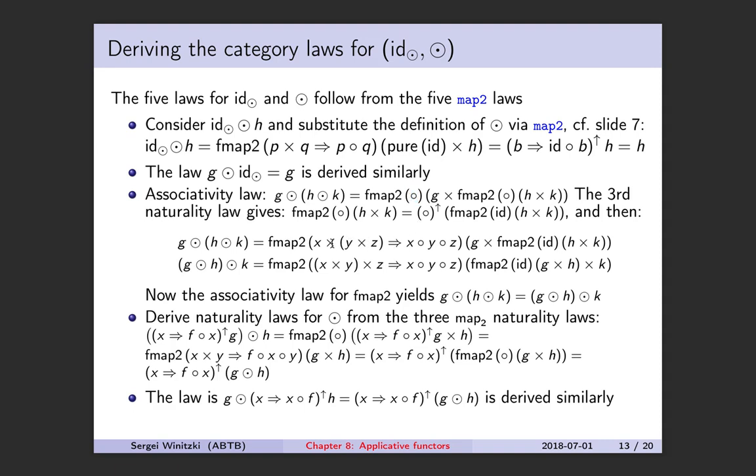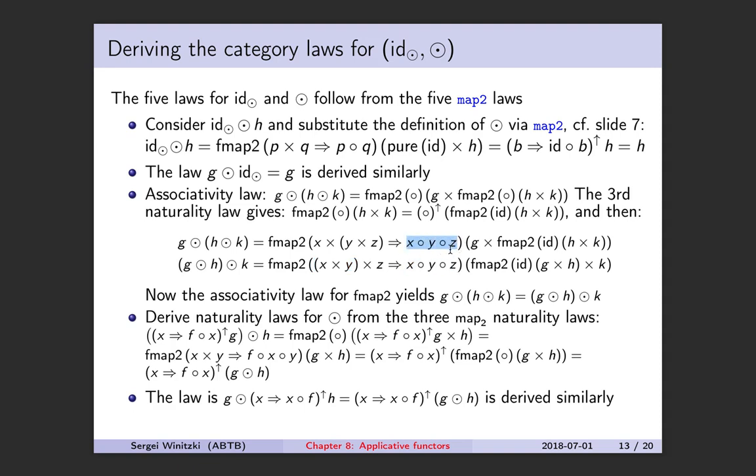And so then every time you have this, you have a composition. So then you basically have Fmap2 of these, and this is mapped to that, and that is mapped to that. But this is basically the same as the formulation of associativity law for Fmap2, where we had to use these functions that rearrange the tuples. Now this function is the same.